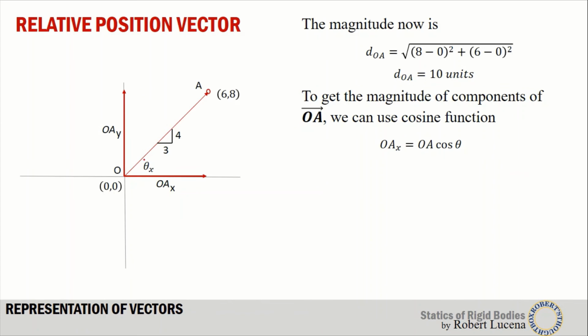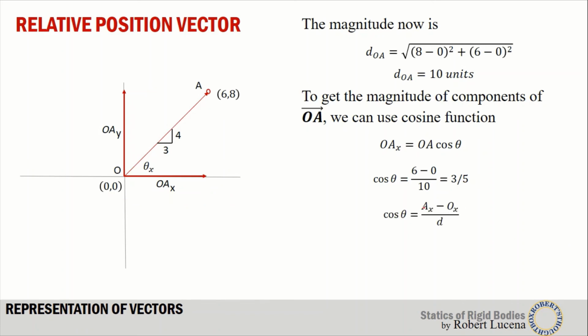And now, if this is 10 units, to get the magnitude of the components of OA, we can use the cosine function. So OAx is the x component of vector OA, or the magnitude of the x component of OA, and that is simply OA cosine theta x. So recall that cosine theta x is also equal to adjacent over hypotenuse. So that is (6 minus 0) over 10. We have it 3 over 5.